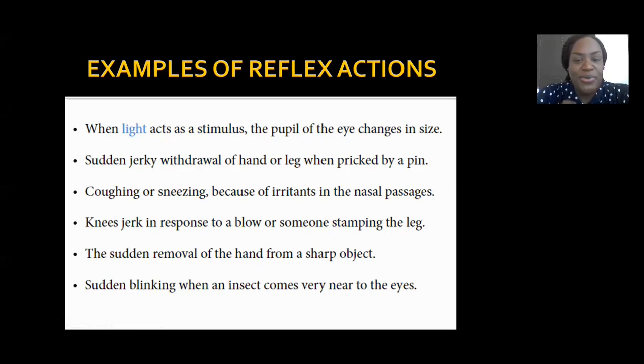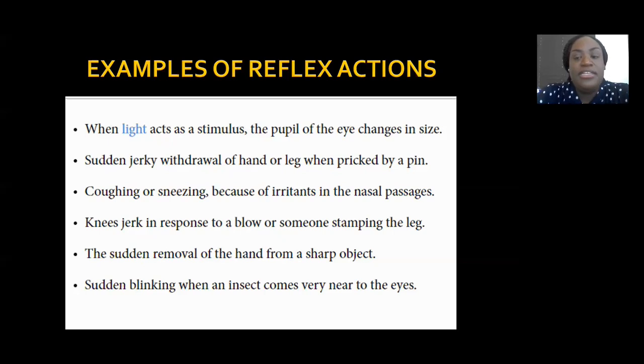When light goes into your eye, your pupil automatically changes in size, going from very wide to very narrow. You get jerky responses in your hand or legs if you are pricked by a pin, and you flinch back. Coughing and sneezing: if an irritant were to enter your nasal passage or your throat, you automatically would cough or sneeze.